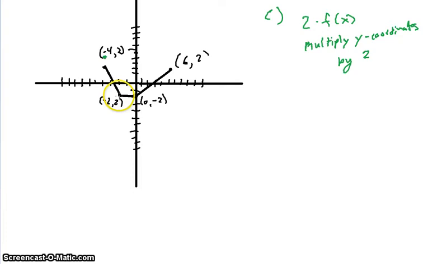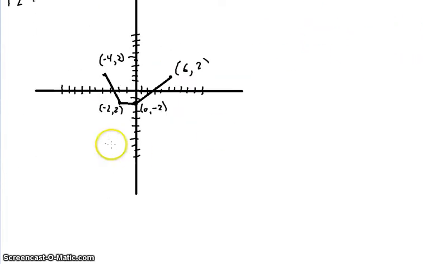Instead of -2, -2, it'll be -2, -4. Instead of 0, -2, it'll be 0, -4. Instead of 6, 2, it'll be 6, 4. So my graph will be stretched vertically.